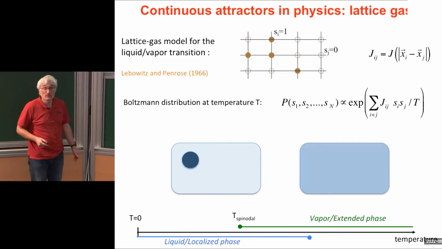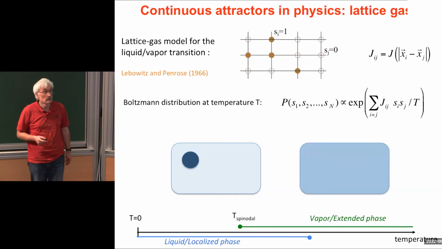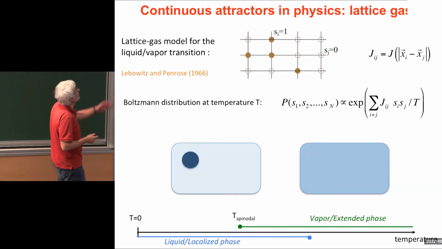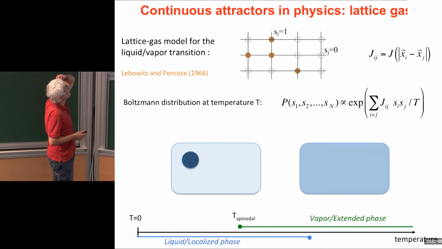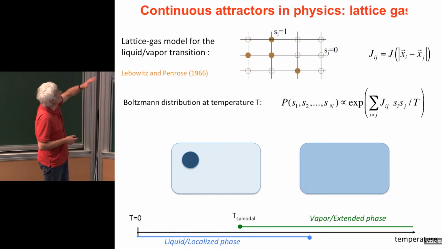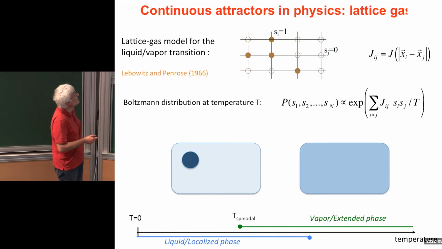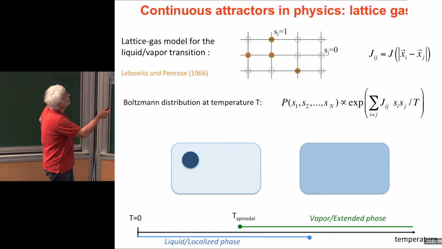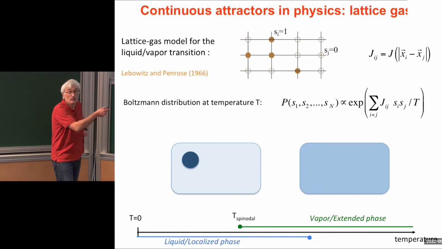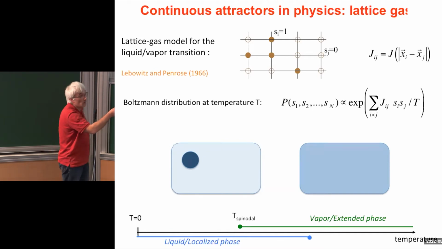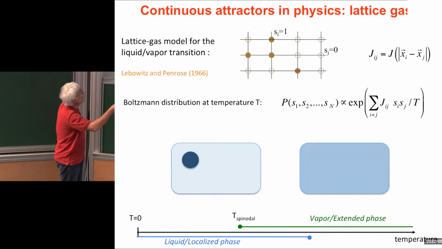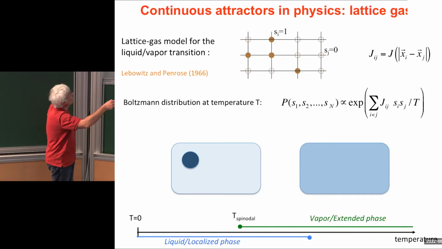Okay, so in fact this model was introduced a long time ago in the context of lattice gas models in order to study the liquid-vapor transition, in particular by Lebowitz and Penrose in the 60s. So here, what were the neurons? These people were not talking about neurons, they were talking about occupation numbers. Imagine you have, for instance, a two-dimensional lattice, but you can do that in 3 dimensions, obviously. And you have some occupation numbers, which are 1 if you have a particle on this site, or 0 if you have no particle.